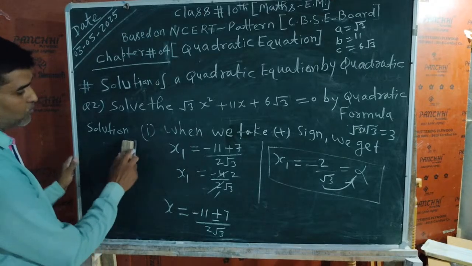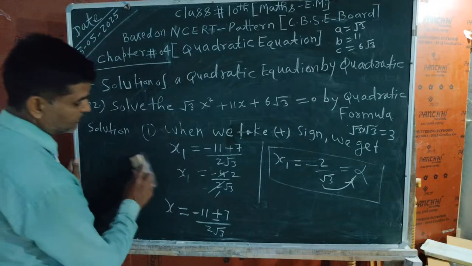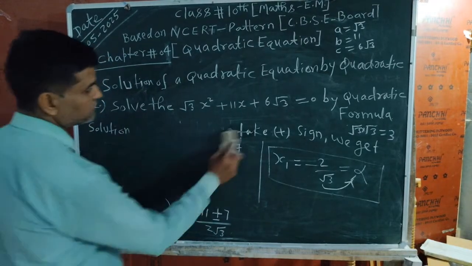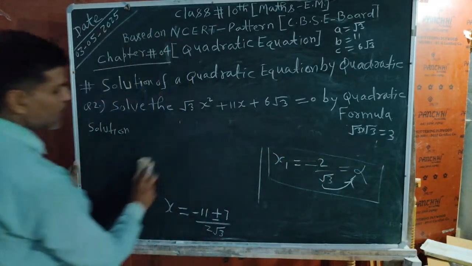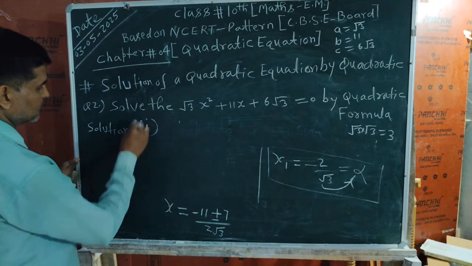So further I am going to erase this condition, and the second condition I will write here. Okay student, so after erasing I will get its value. I am going to write the second condition.